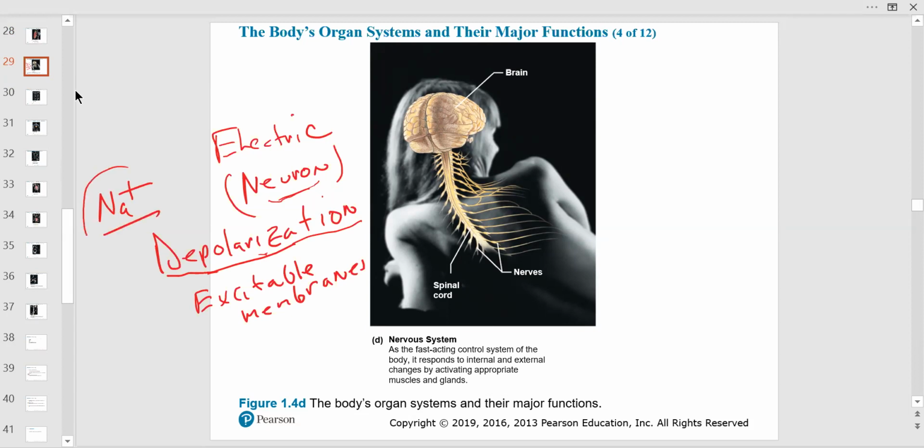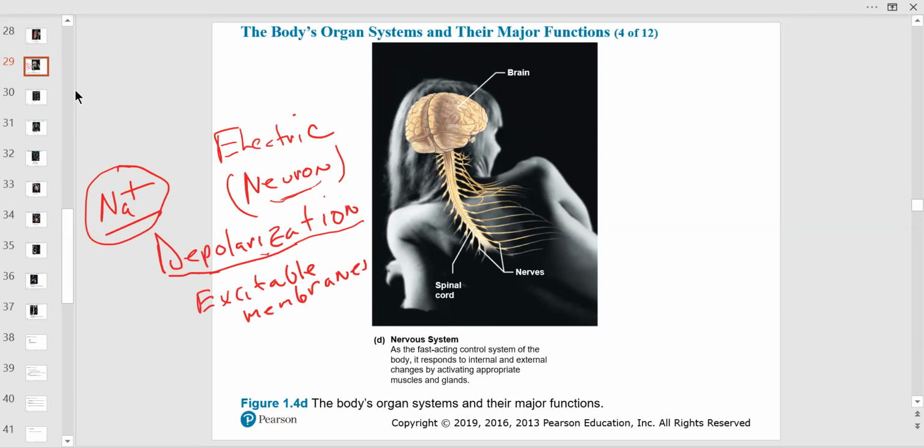Sodium is a positively charged ion. And remember I said polarized, like the earth is polarized. It's got two poles. So picture a positive pole and a negative pole, and that's polar. So if you change that polarity, you depolarize it. And sodium has a lot to do with that. So always remember, it's depolarization, sodium, electric nervous system.